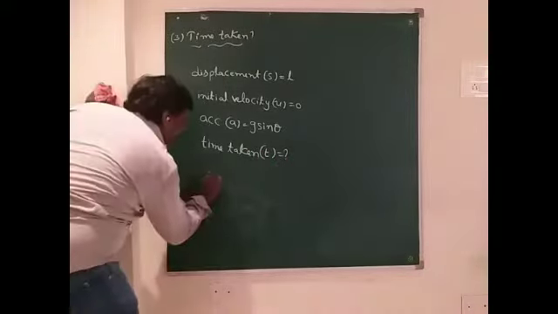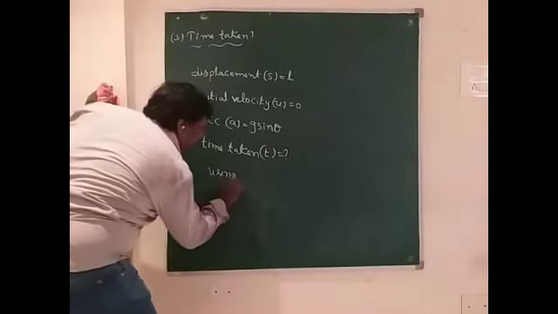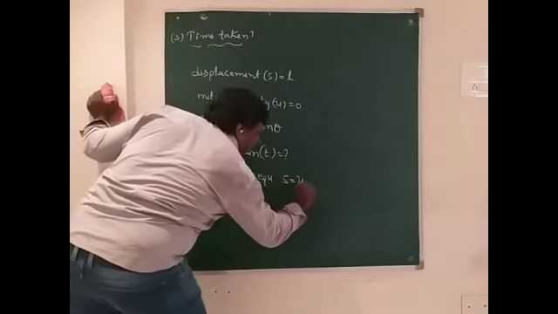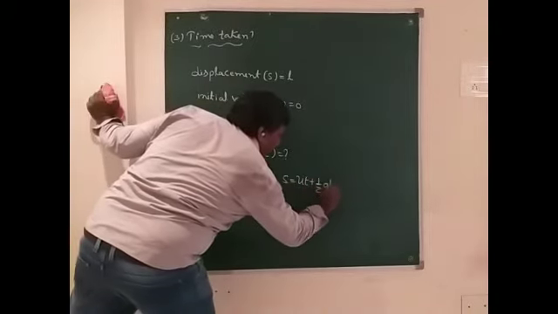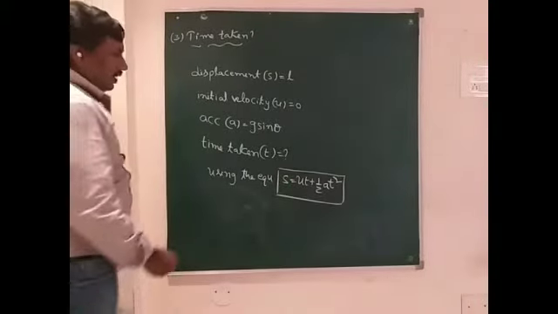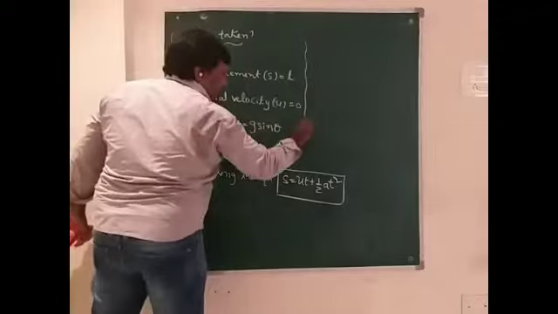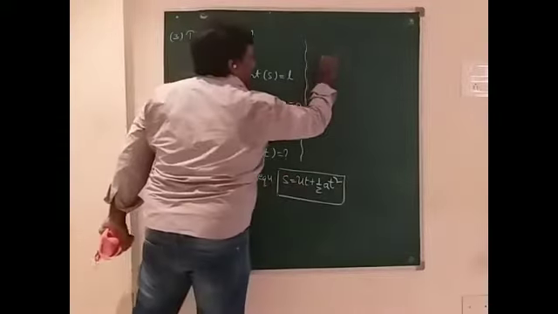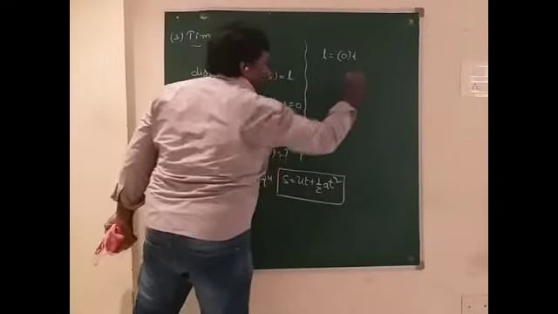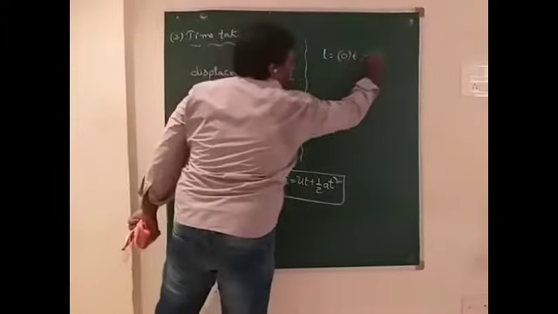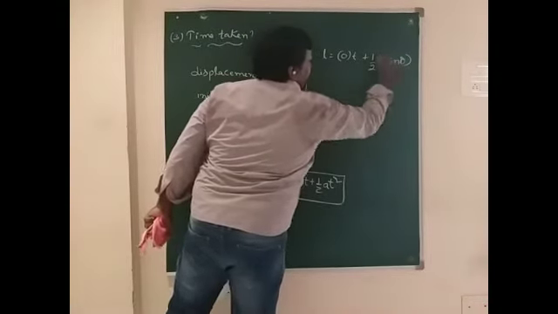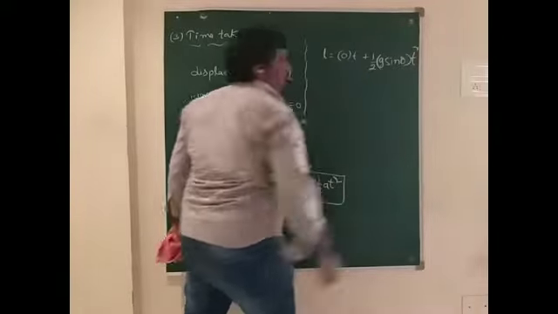Using the equation S equals ut plus half at square. Here S means L, u means initial velocity 0, so 0 into t plus half a t square. Here a means g sin theta into t square.